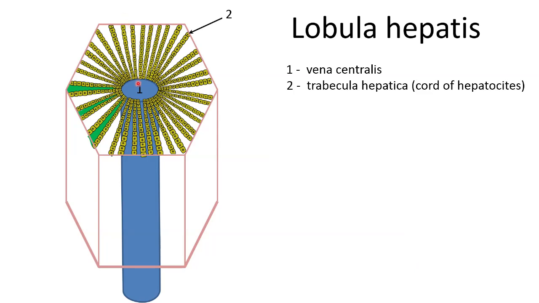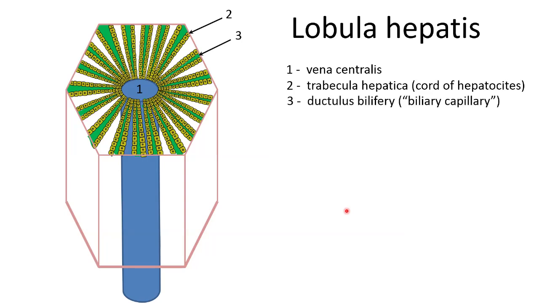Between two side-by-side arranged trabeculae hepaticae, we can find this green-yellow space, which is filled by bile. So I can arrange them this way. Number 3 is the ductulus biliferus.